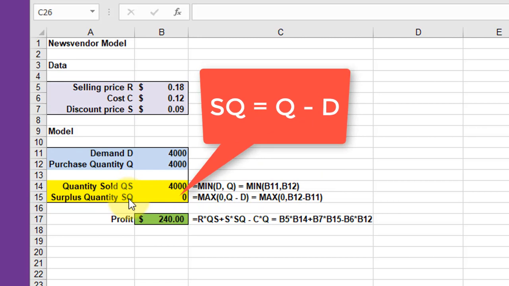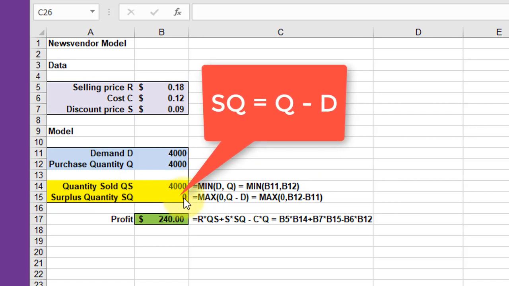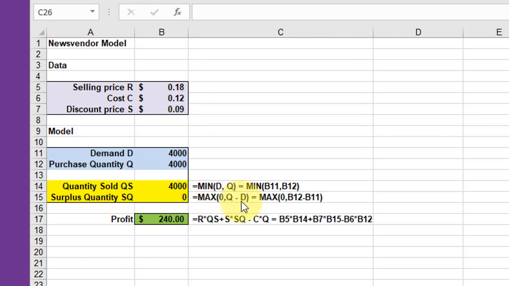The surplus quantity, SQ, is 0 in this case because the demand and the quantity match. It has to be the max of 0 because we don't want a negative surplus quantity, and that's what you would have if the demand was greater than Q. So it's the max of 0 or Q minus D, and that's set up with the formula max, 0, comma, and the cell references.